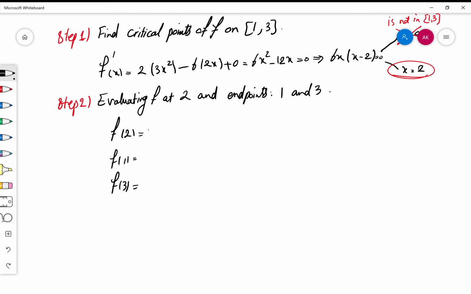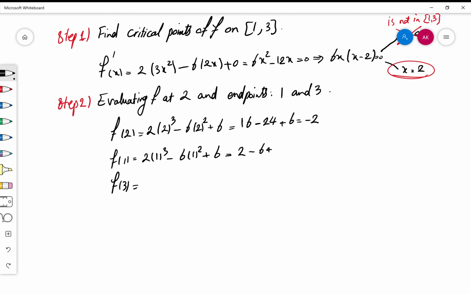F at 2 is 2 cubed minus 6 times 2 squared plus 6. So this is 8 times 2 is 16 minus 24 plus 6, and that's 22 minus 24, which is negative 2. F at 1 is 2 times 1 cubed minus 6 times 1 squared plus 6, so it is 2 minus 6 plus 6.